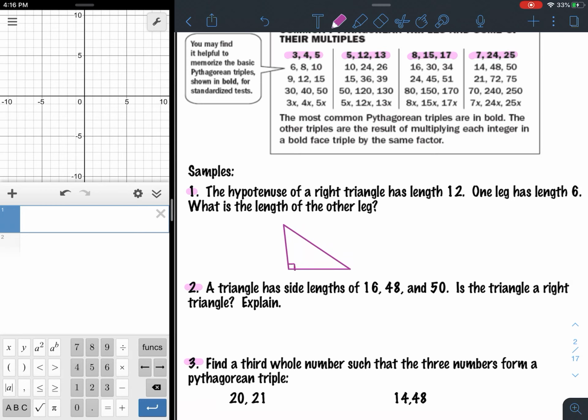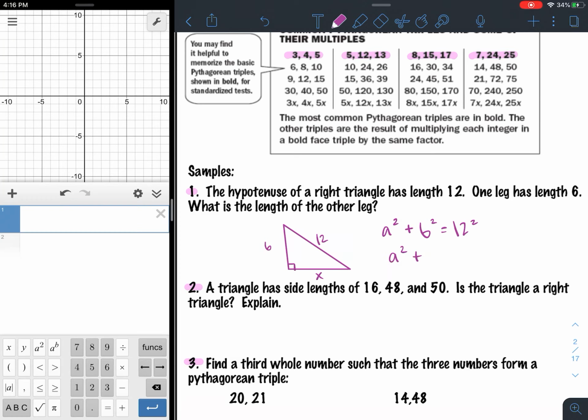So our hypotenuse has a length of 12. One leg has a length of 6, and we're looking for the other. So we're looking for either A squared or B squared. I tend to plug things in for B squared just because my B's look like 6's. So A squared plus 6 squared is equal to 12 squared.